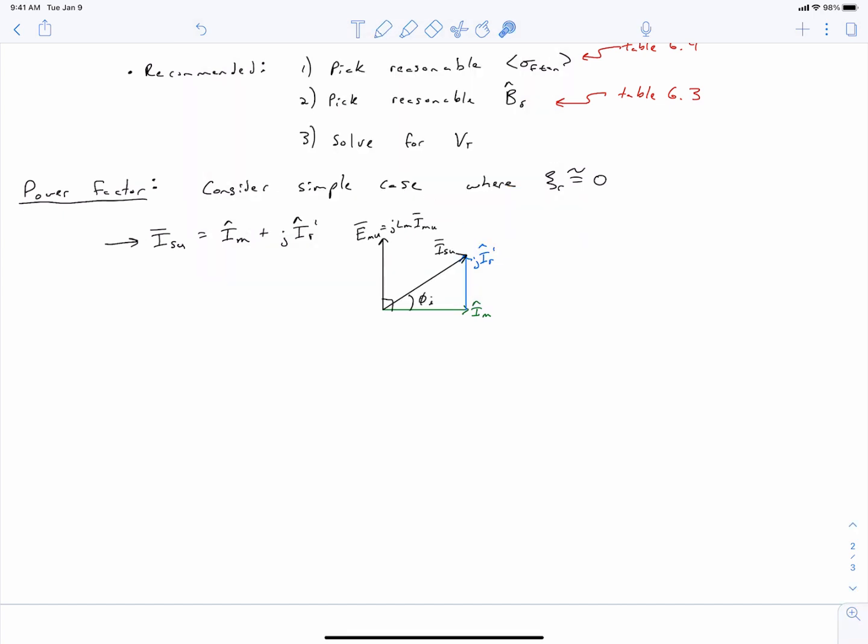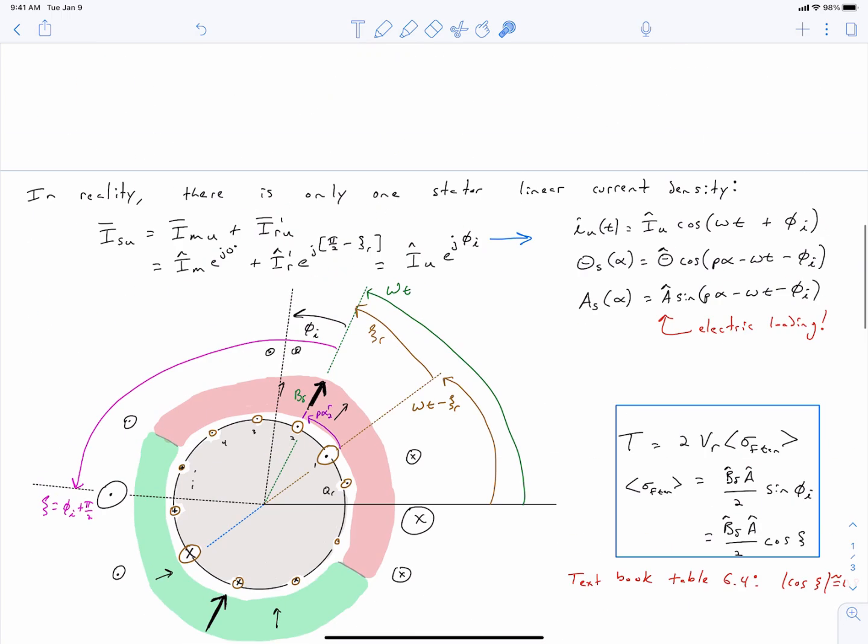And for this case, I've drawn our phasors over here. So when zeta r equals 0, if you recall up top, we have our rotor current referred to the stator phasor as occurring at an angle of pi by 2, or an angle of 90 degrees counterclockwise from our magnetizing current, because this term simply drops off.